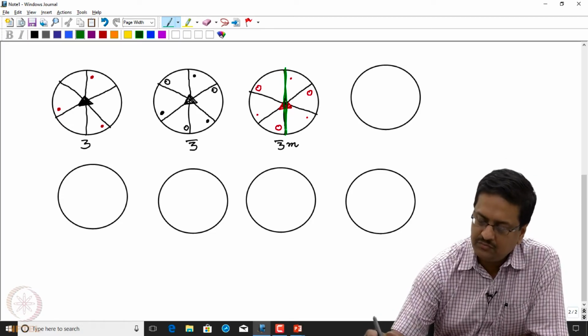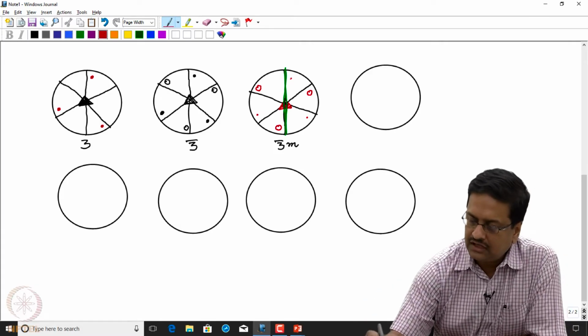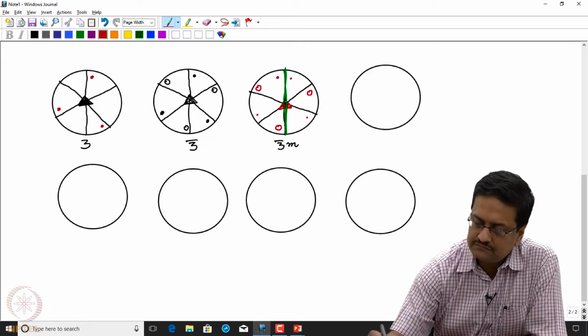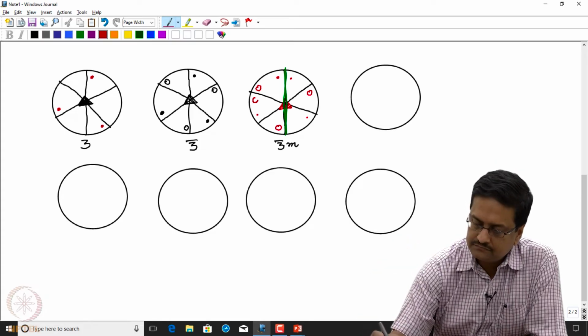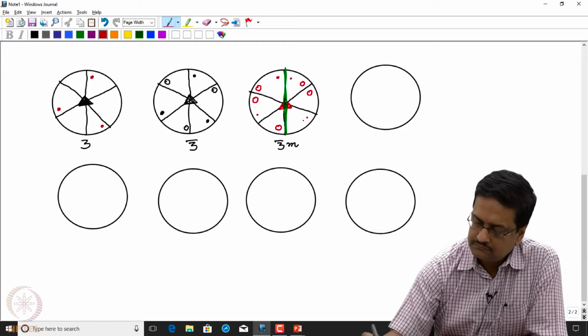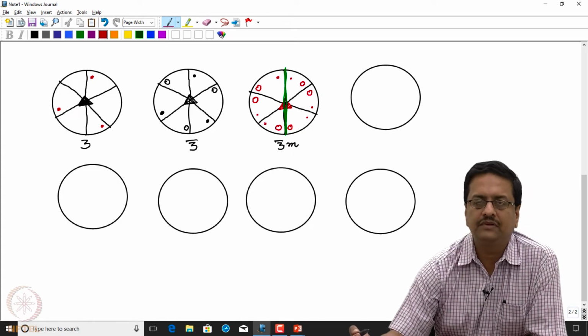So by doing this mirror operation, what we get are just the mirror images of those points. See what we have obtained.